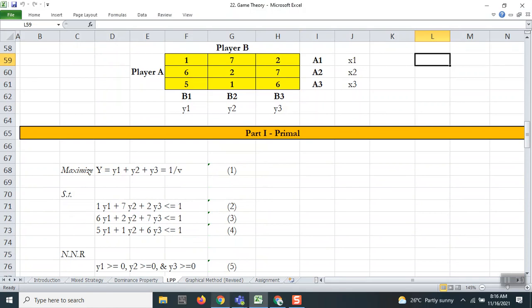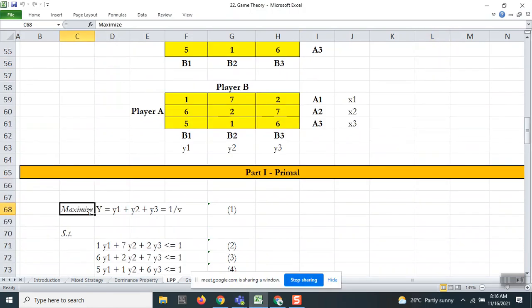So the entire matrix, we will be converting into the objective function. Since it is a maximization, we will be going column wise. So we put y1, y2, and y3. We'll maximize y equals y1 plus y2 plus y3.